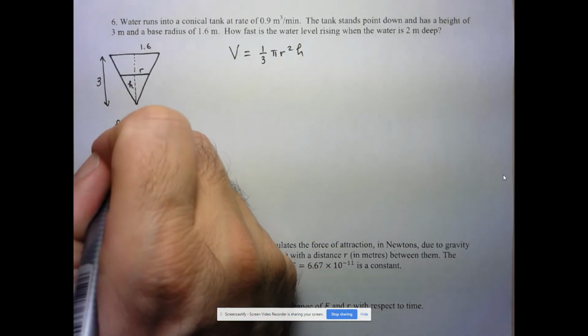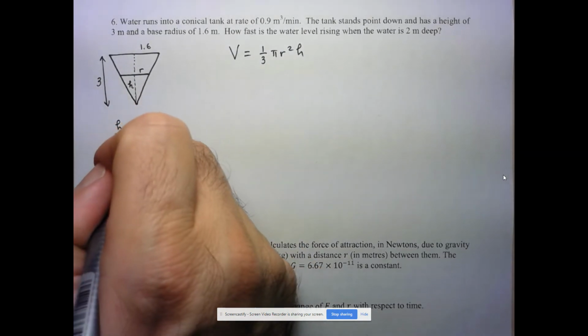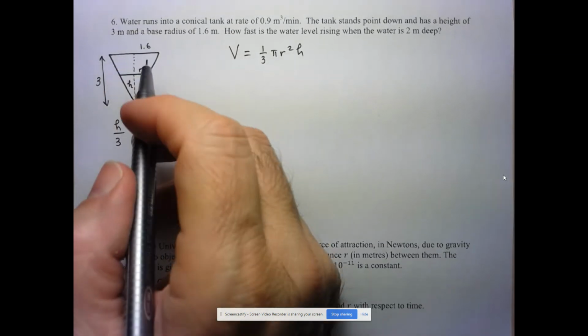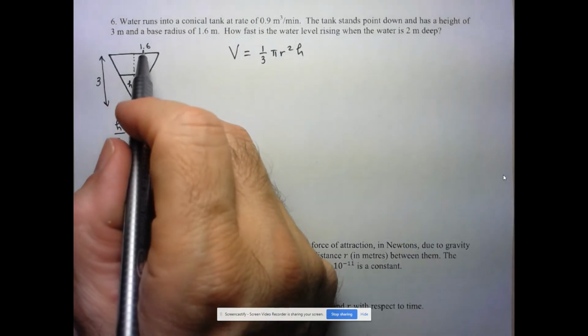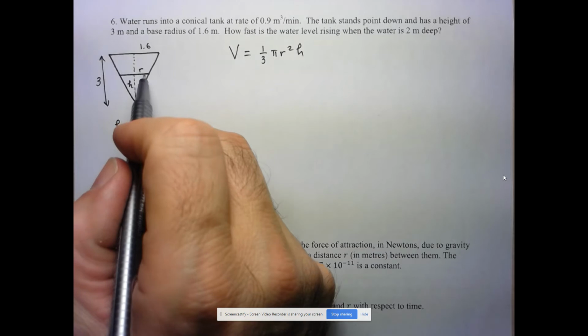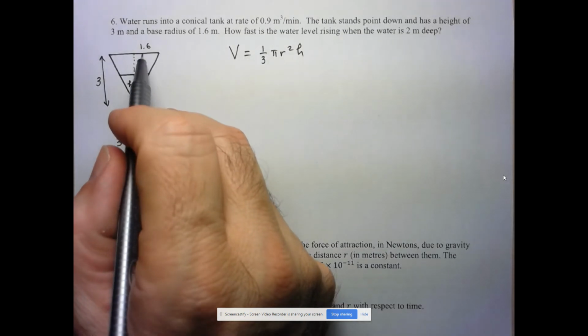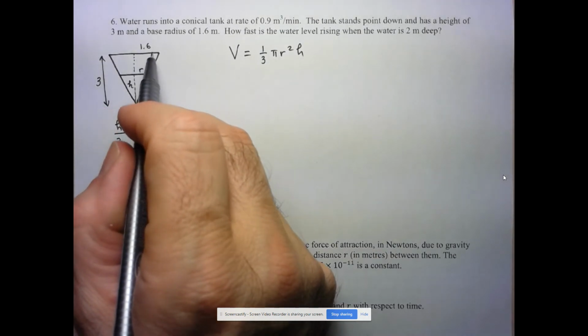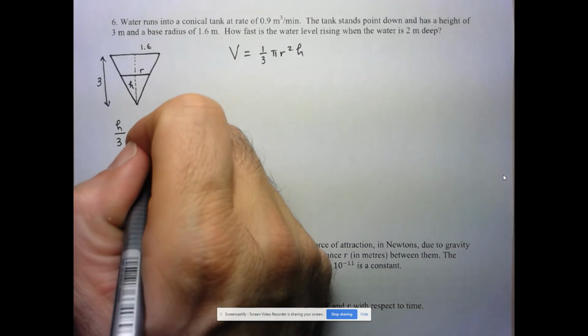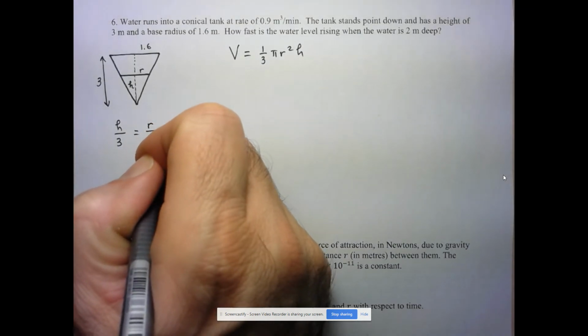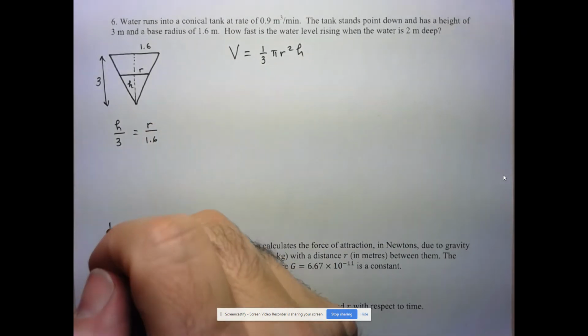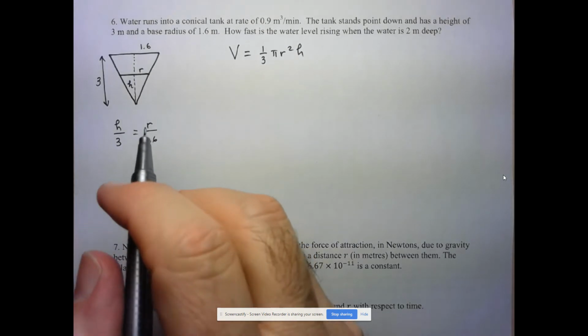So we have h over 3 is equal to r over 1.6, because this side of the triangle corresponds to this side in the larger triangle. Now the question is which one of these should I isolate?